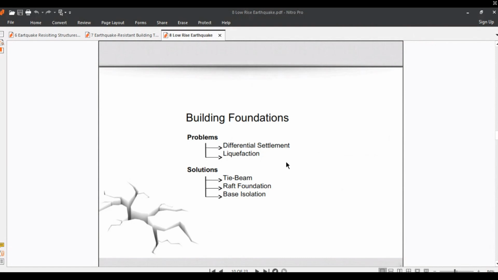We have three solutions to solve these problems, differential settlement and liquefaction. One technique is tie beam, another is using raft foundation, and another technique to solve the differential settlement problems is base isolation.